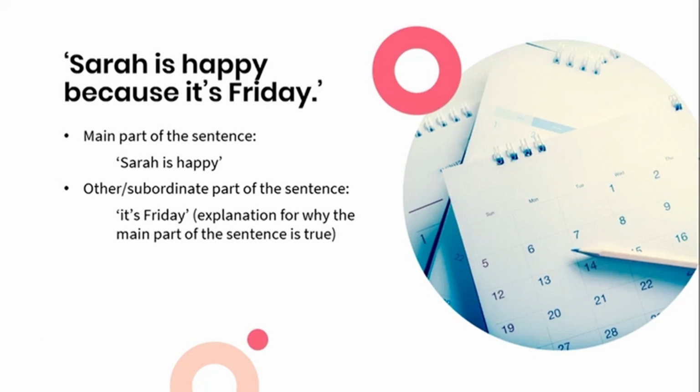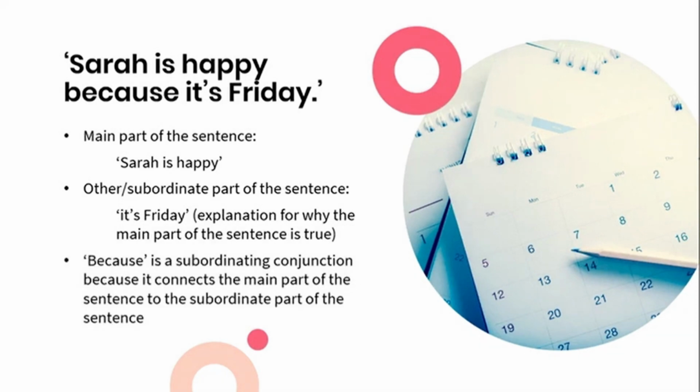So, it's an explanation for why Sarah is happy. That is the subordinate part of the sentence. Because is a subordinating conjunction because it connects the main part of the sentence to the subordinate part of the sentence.